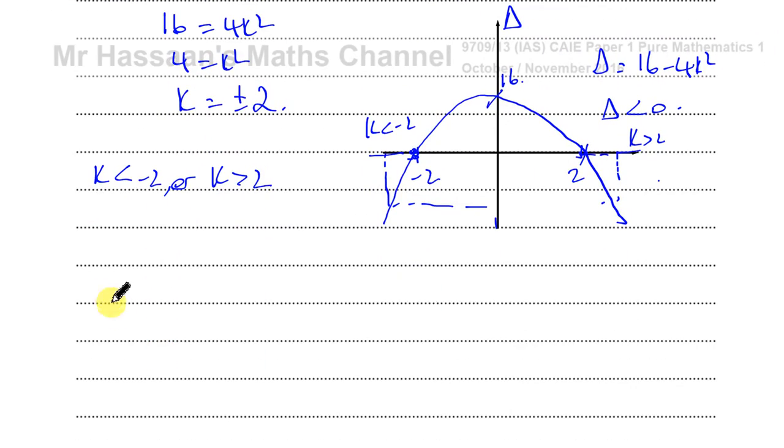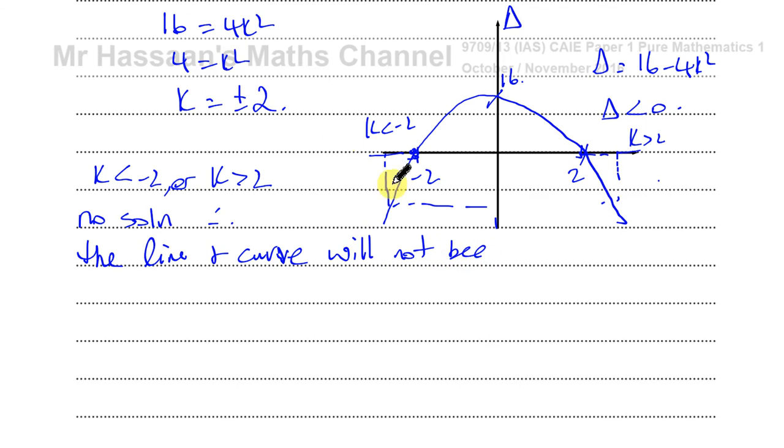Therefore, the line and curve will not meet for those values. When k is less than -2 or k is greater than 2, those are the range of values for which there will be no solution, which means the line and curve will not meet.